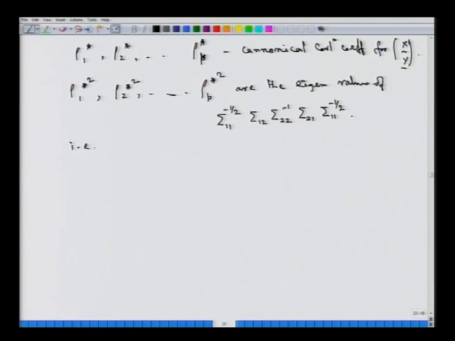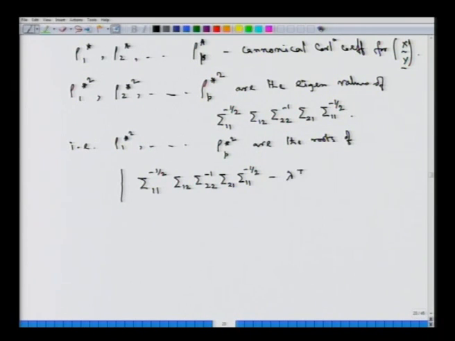That is, this rho 1 star square, rho 2 star square, rho p star square are the roots of this equation, which is the determinant of sigma 1 1 to the power minus half, sigma 1 2, sigma 2 2 inverse, sigma 2 1, sigma 1 1 to the power minus half minus lambda I, this determinant of this matrix to be equal to 0, just the eigenvalue equation.